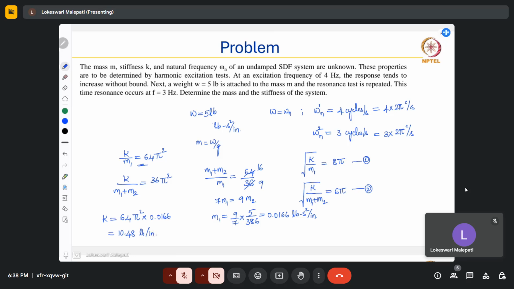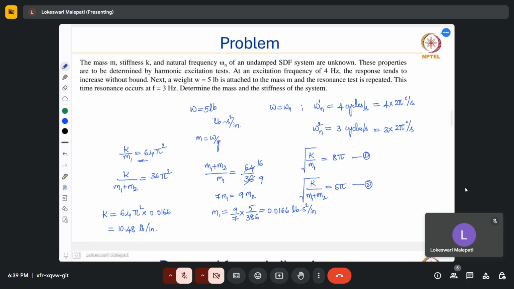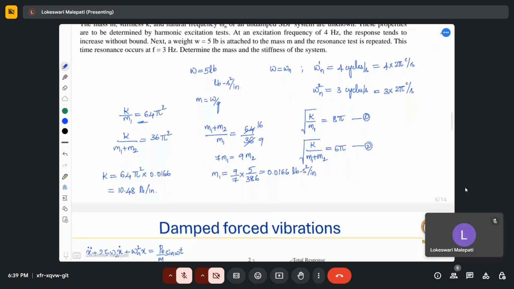How much are you getting for this value? Yeah, we would get 10.48. Okay, this is a simple problem.